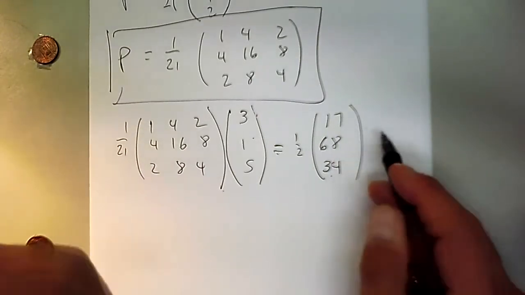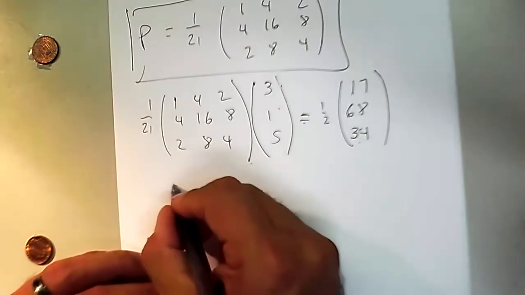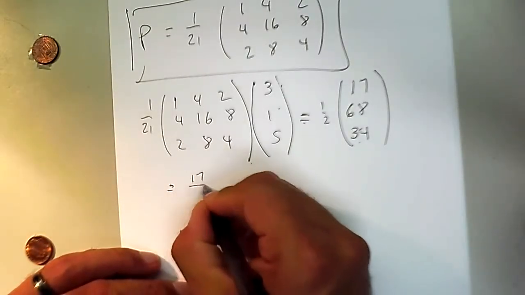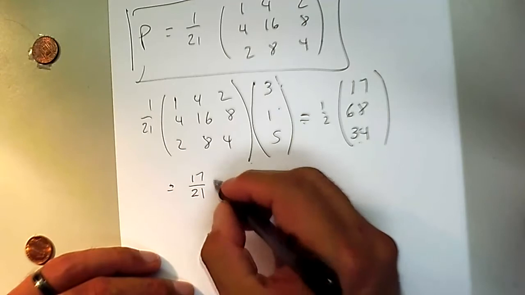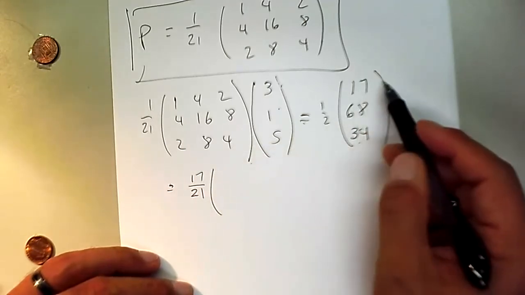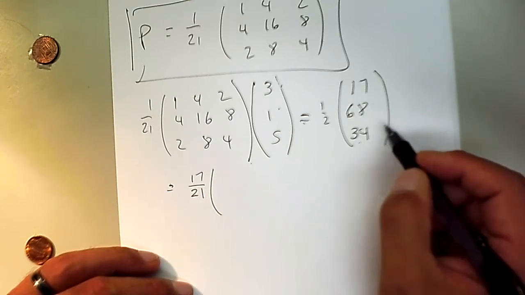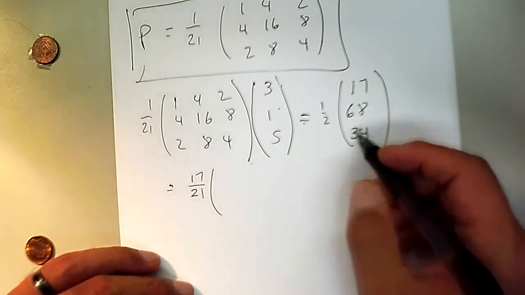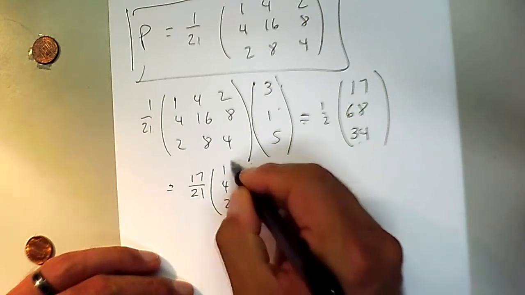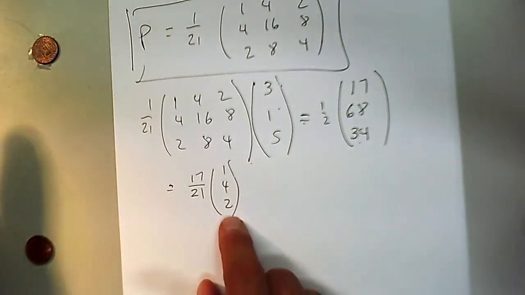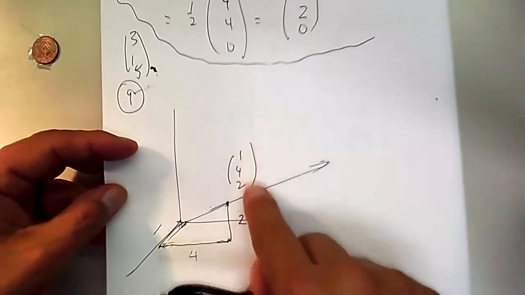So we can factor out the 17. So this is really 17 over 21. That's a weird fraction, but the direction is going to be 1, 4, 2, which makes perfect sense because that is the direction of this vector, 1, 4, 2.